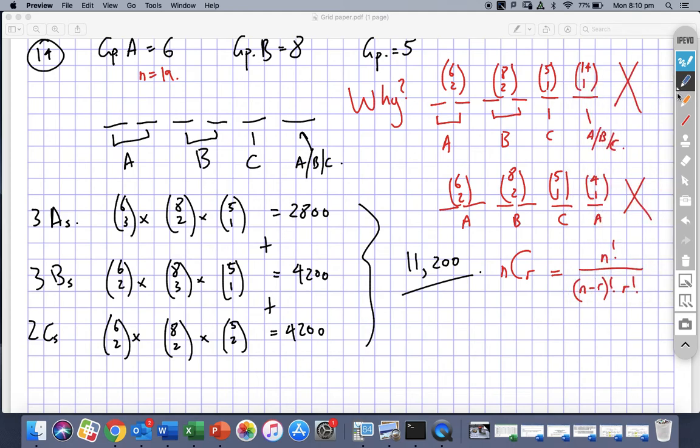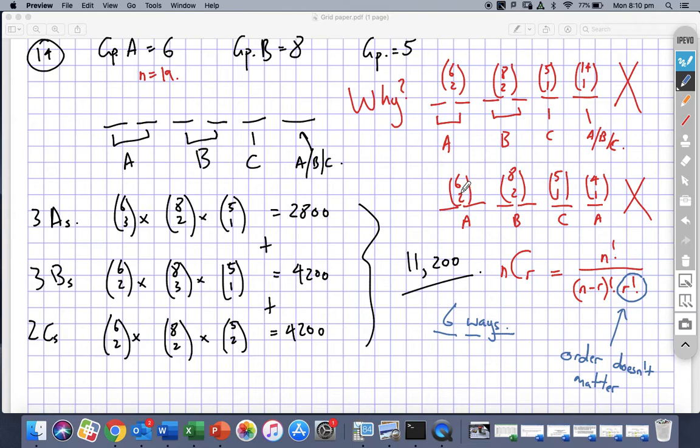What is the part of the formula that accounts for the fact that order doesn't matter? It's here. Order doesn't matter. We have to divide by what? Well, if we're choosing 3 A's, we have to divide by 6. Why? Because there's 6 ways to order 3 things.